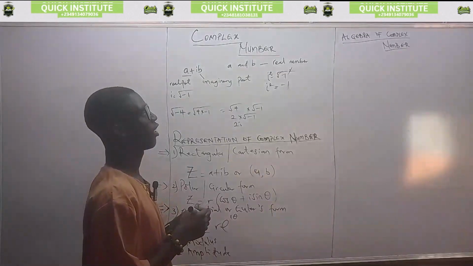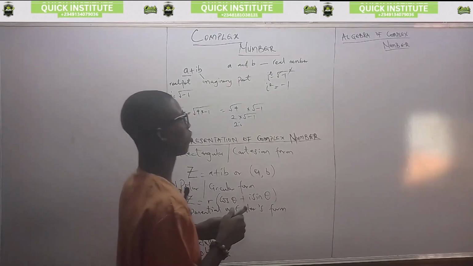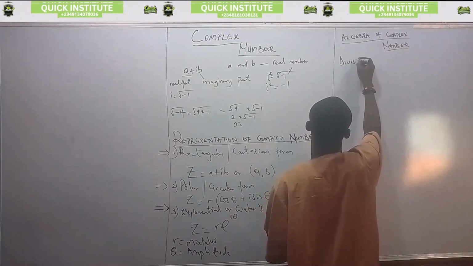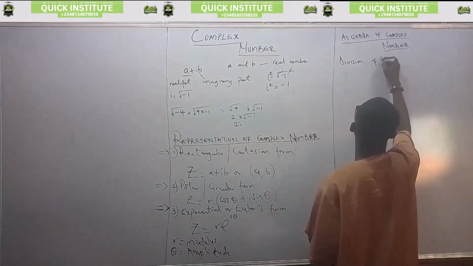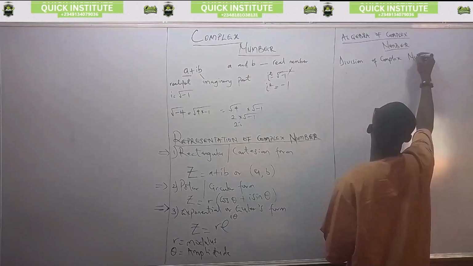Let's move to another aspect of the algebra of complex numbers. The next one is division of complex numbers.